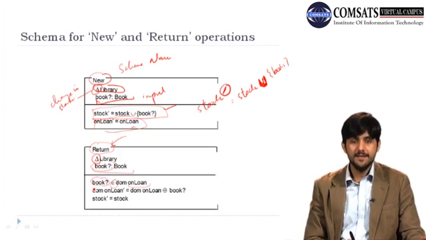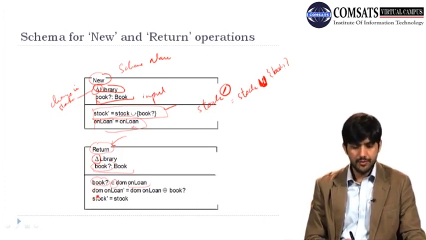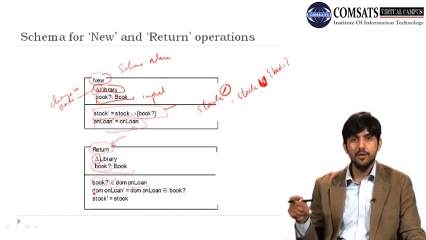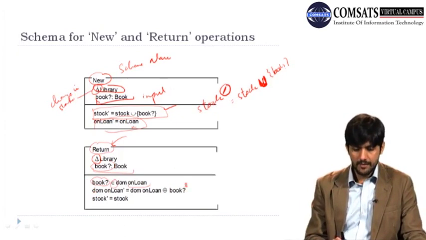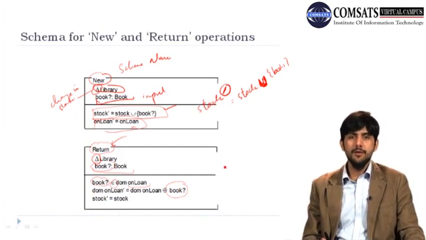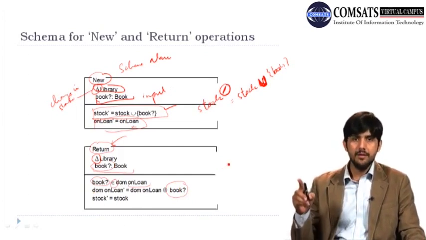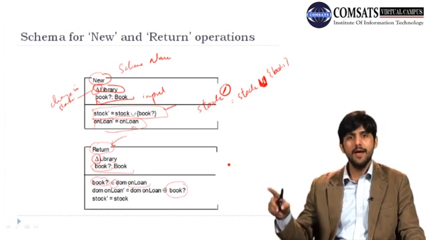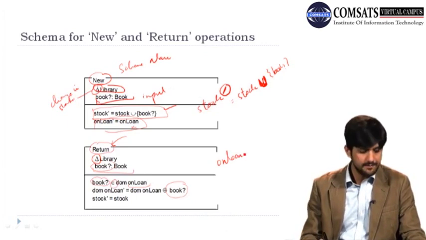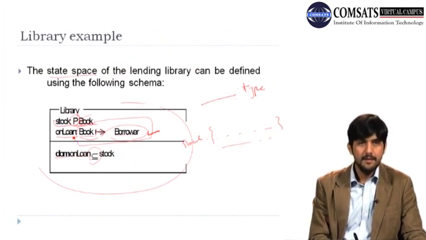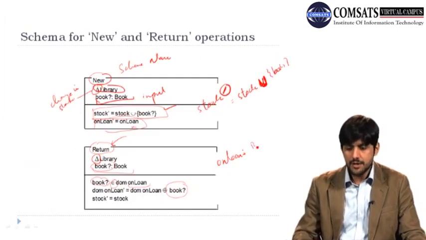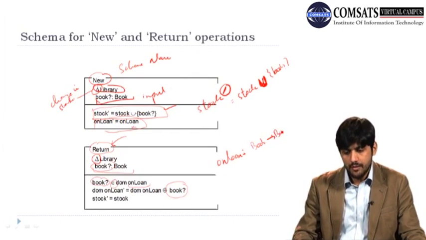If that is the case, then I'm going to say my domain on loan is equal to domain on loan and this. What this operation would do is remove that association between the book and the borrower. Remember that my on loan state was defined as this, a set that has an association of a book with a borrower.